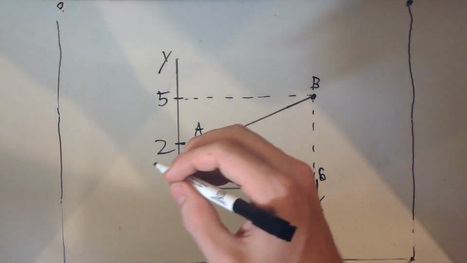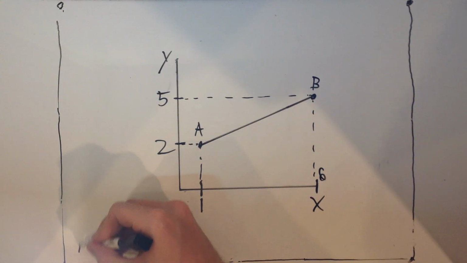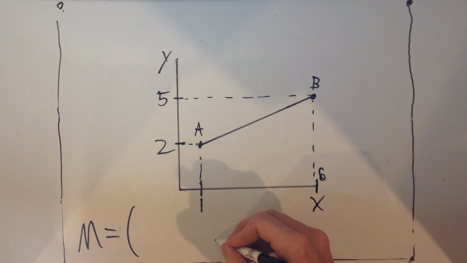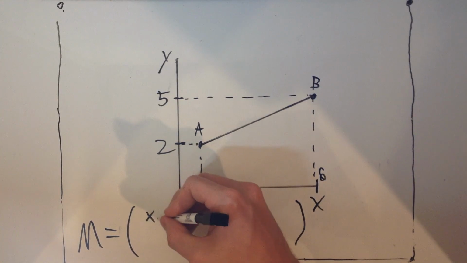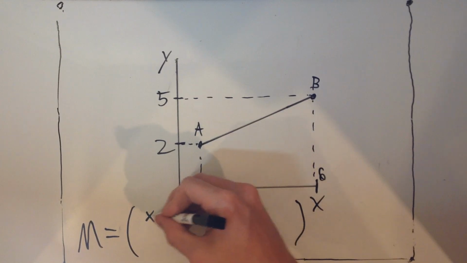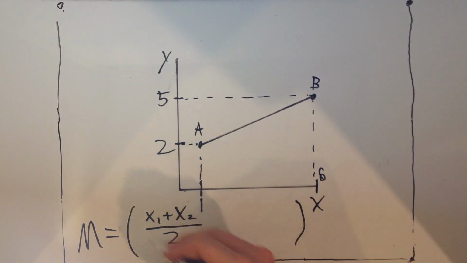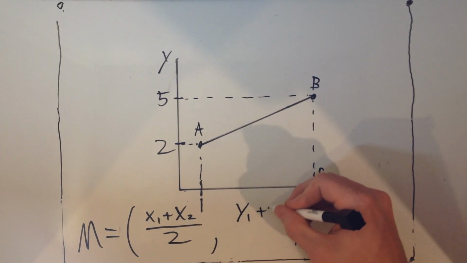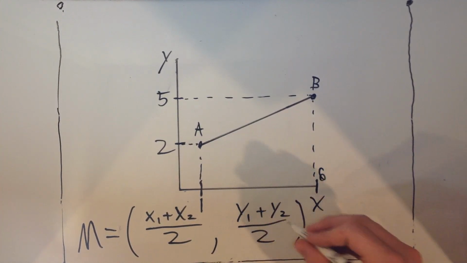So now we go back to the book, we look at our midpoint formula, and our midpoint formula equals, we got our x space and our y space, and we fill it in with the little average formula. So we got x1 plus x2 divided by 2. That will give us our x coordinate. And now we got the exact same thing with our y's. There we have our y average there.